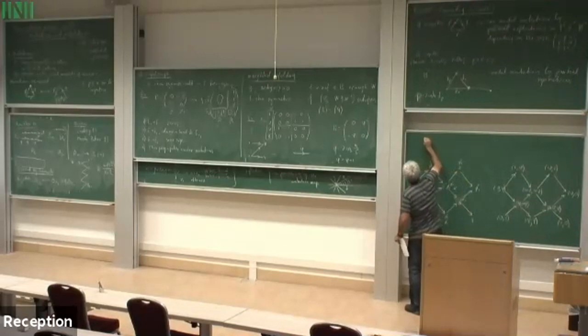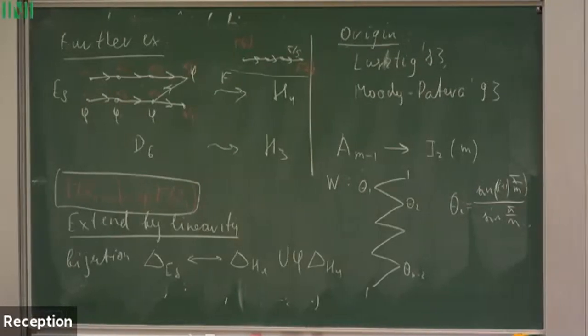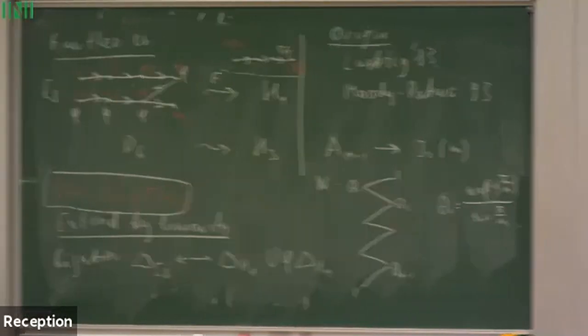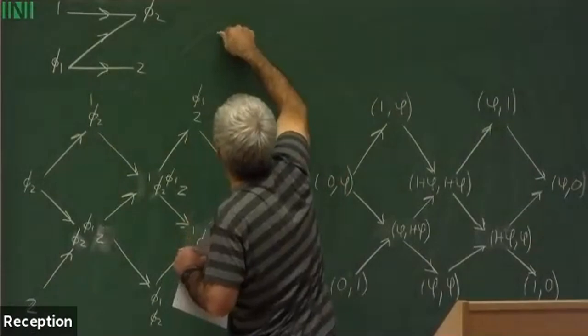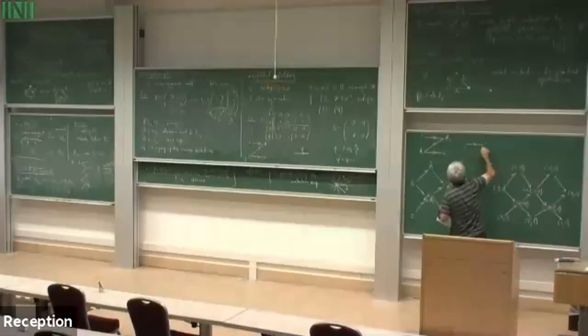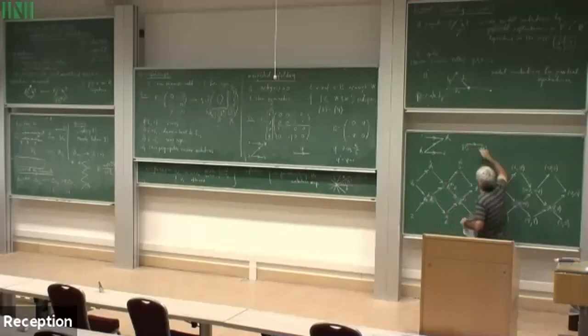Let me write this quiver differently. The notation was 1, 2, 5, 2, and 5, 1, which means that this projects to 1, 2, 5.